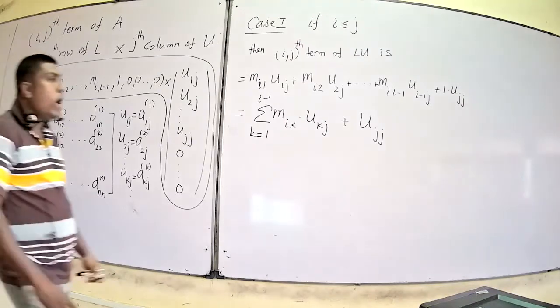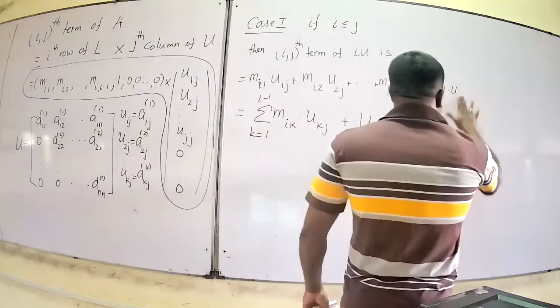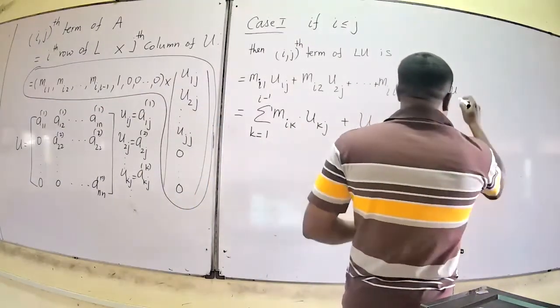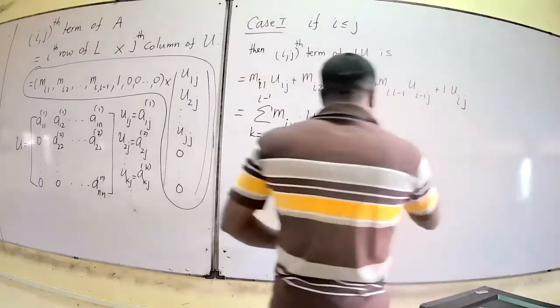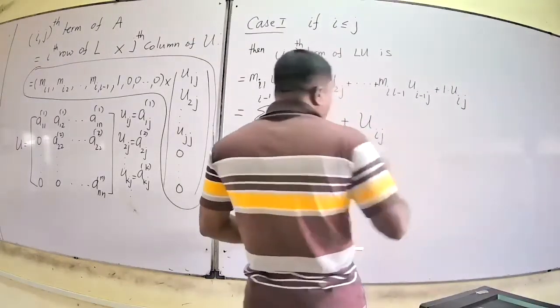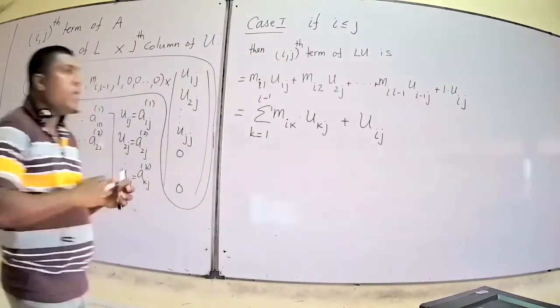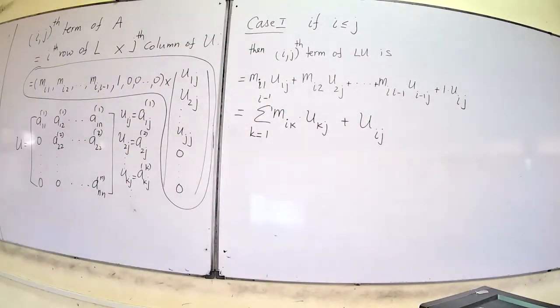Not jj, it is ij, sorry. The maximum you can go is uii. So in that case the maximum you can go is uii. That's how your terms look.